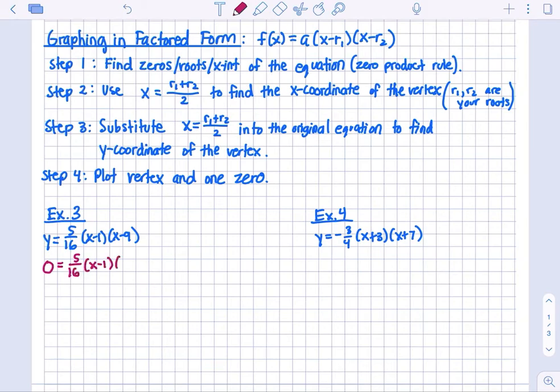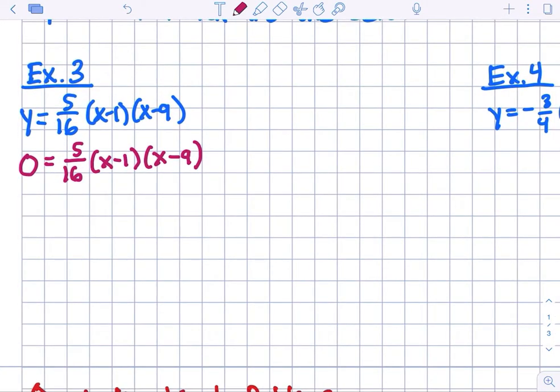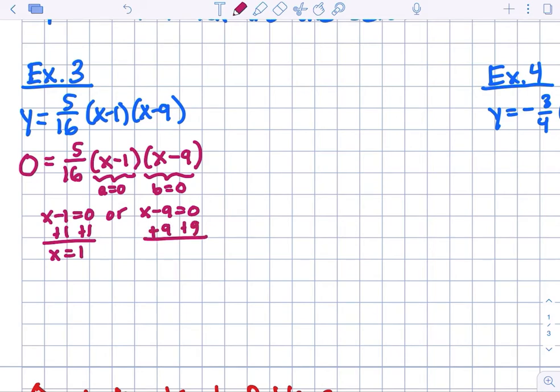Now remember, either this must equal 0 or this must equal 0 in order to find your zeros of your equation. So x minus 1 is equal to 0 or x minus 9 is equal to 0. Add 1, add 1, add 9, add 9.